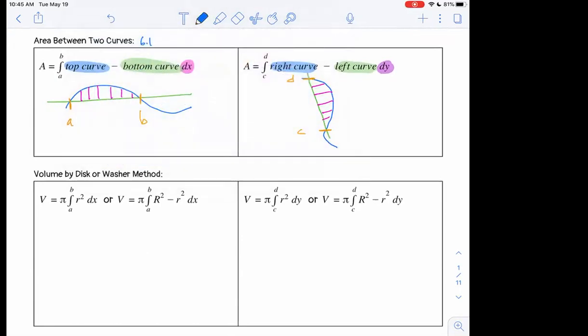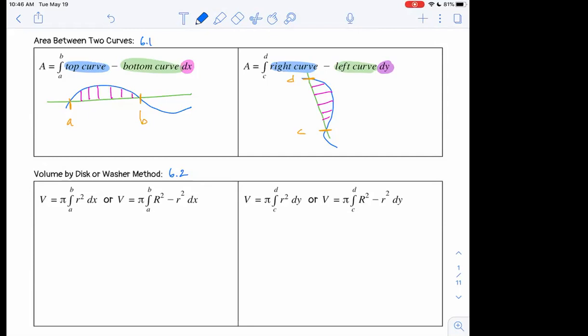All right. So after we learned about area between two curves, we went on and learned about volume by disk or washer method, and that was in section 6.2 in your textbook. We just saw a little bit of that this morning, but we could have situations where we have pi little r squared dx or pi big R squared minus little r squared.